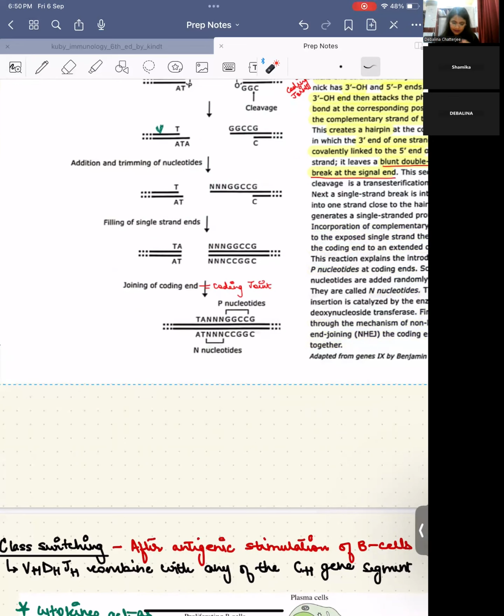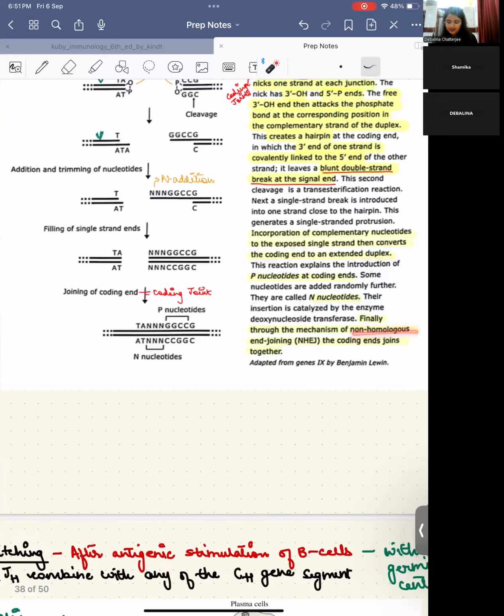Ultimately, once this gap has been filled, what we are left with is again a double strand break, because this has no overhang and this also has no overhang. We then have these two segments joined together using this mechanism of non-homologous end joining.